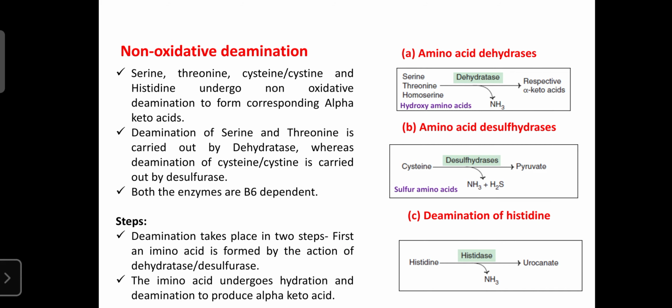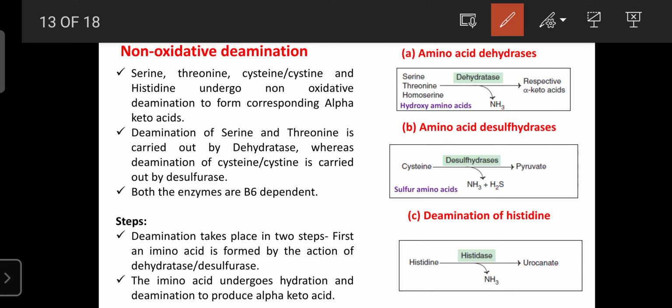Next is the non-oxidative deamination. Serine, threonine, cysteine and histidine can undergo non-oxidative deamination to form the corresponding alpha keto acids. All amino acid catabolism is involved in the formation of alpha keto acids.